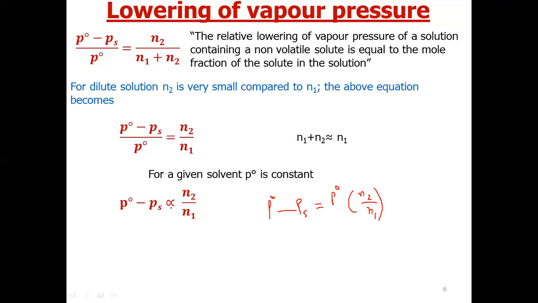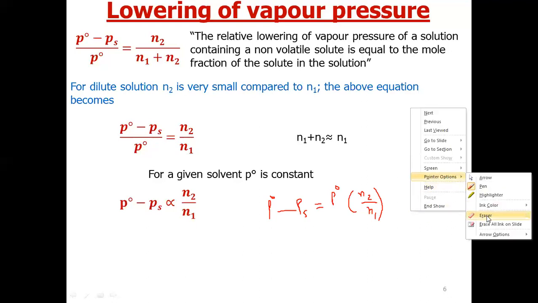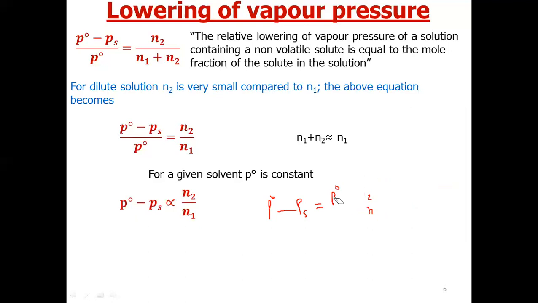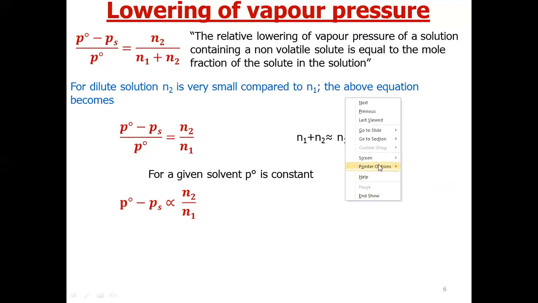If we remove the proportionality sign, we can write P naught minus Ps is equal to P naught N2 by N1, which is this relation. Okay, so that is how this relation has been derived: P naught minus Ps is proportional to N2 by N1.